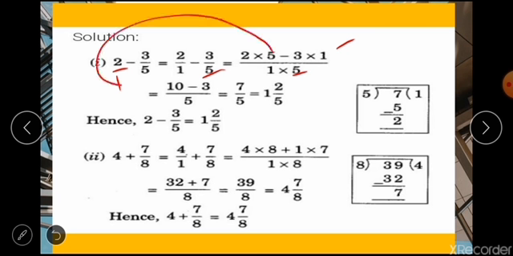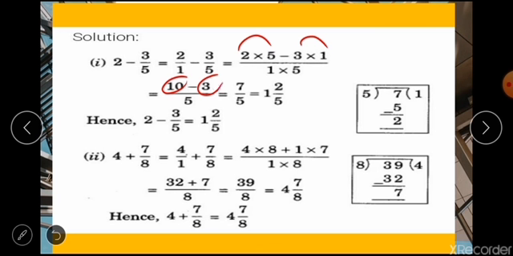And in previous classes you also did the LCM, how you can find the LCM. So you will take the LCM of 1 and 5 here, and then you will solve: 2 5s are 10 and 3 1s are 3. And after solving this, 10 minus 3 you will get 7 upon 5.